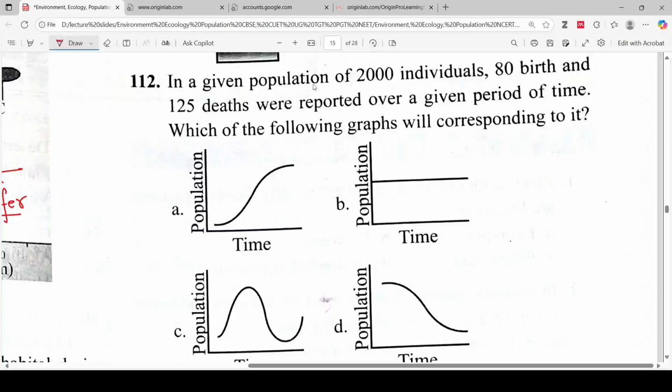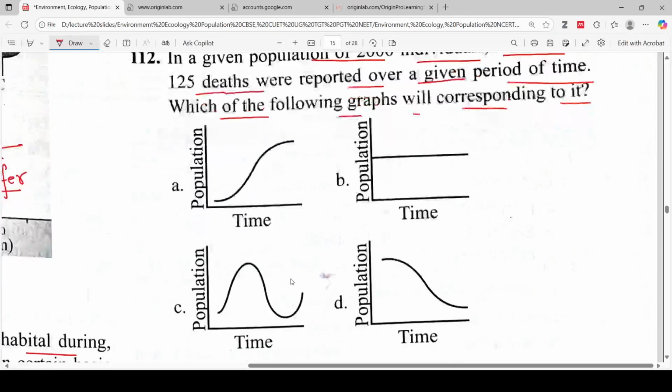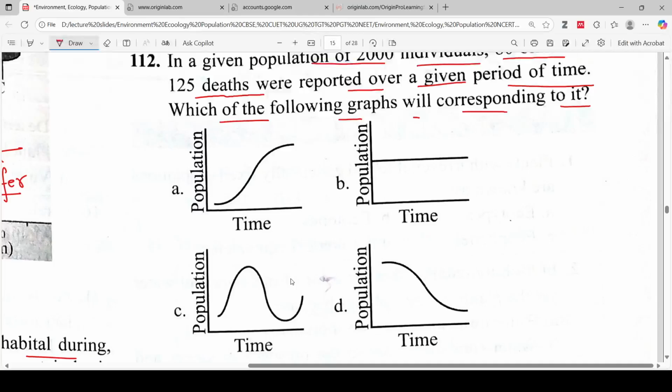In a given population, 200 individuals, 8 births and 125 deaths were reported over a given period of time. Which of the following graphs will correspond to it? So you have to choose the correct population.